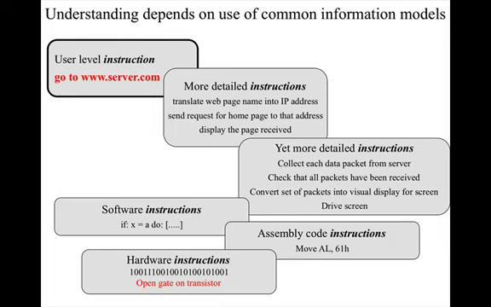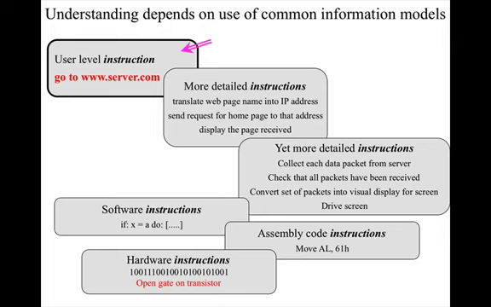The hierarchies of description that link transistor operations to user features are based on the use of these two information models. We can describe the operations of a system at high level and at many more detailed levels, all in terms of the same information models. At a user level, accessing a web page can be described as detecting an address condition and performing an instruction to go to that address.